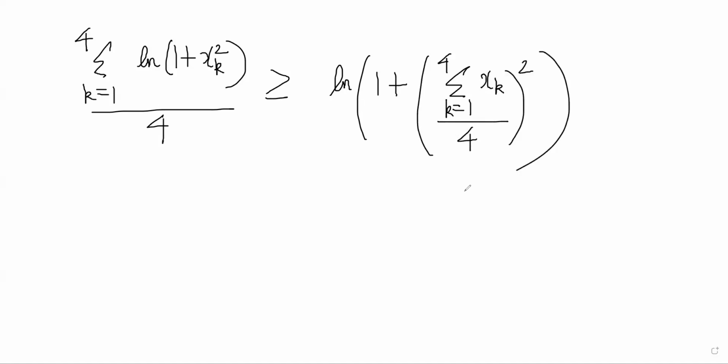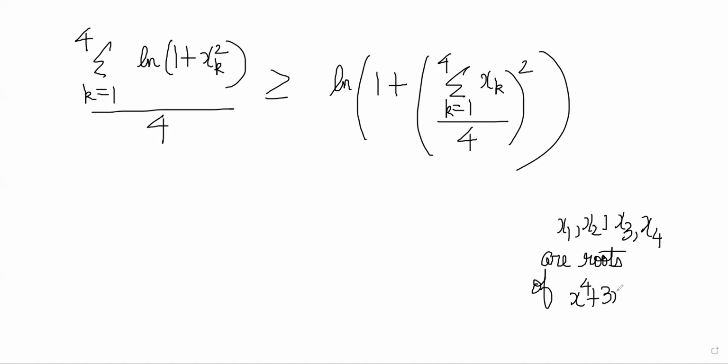And now, looking at the fact that x1, x2, x3, x4 are roots of the polynomial. The polynomial was given by x power 4 plus 3x cubed plus ax square plus bx plus c.